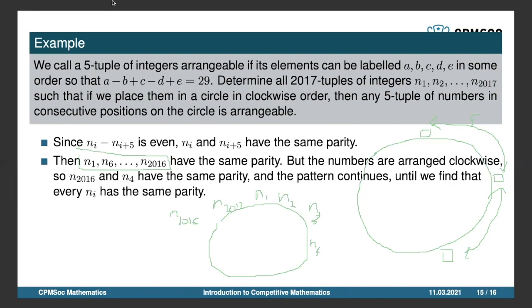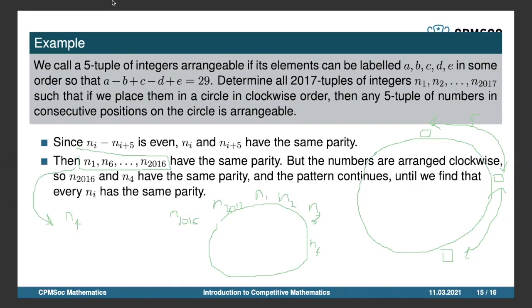So it means n4 has the same parity as all these numbers over here. And now we can start continuing the pattern starting with n4.